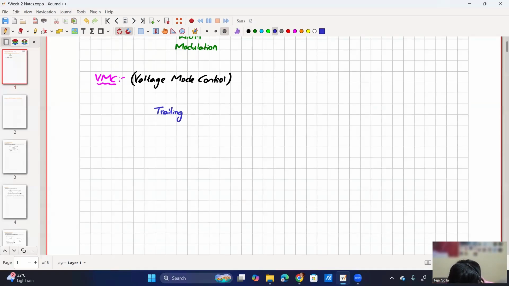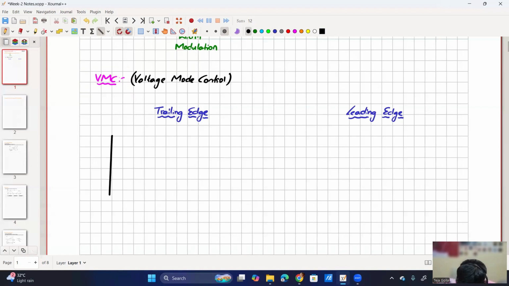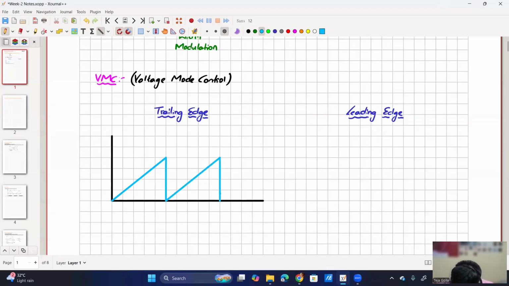Starting with the trailing edge. Then we have leading edge. Okay, so how is it? Let me draw. Okay, so this is the sawtooth, and in the leading edge, the sawtooth is slightly different.